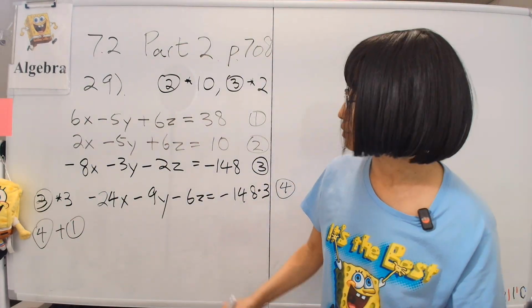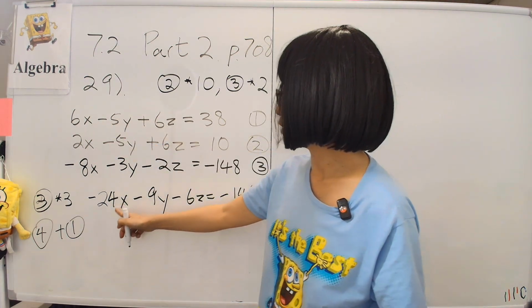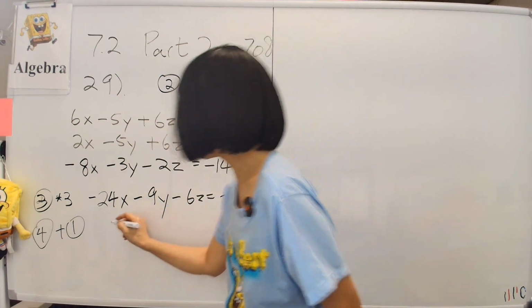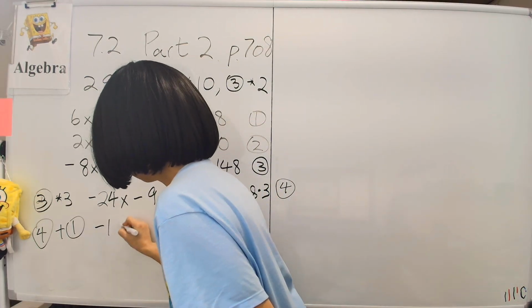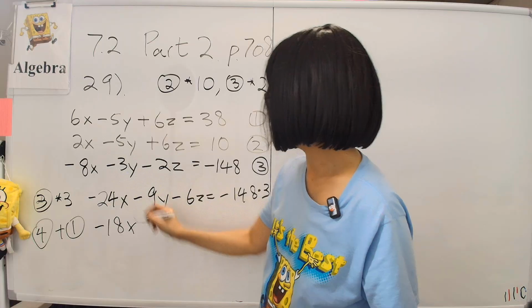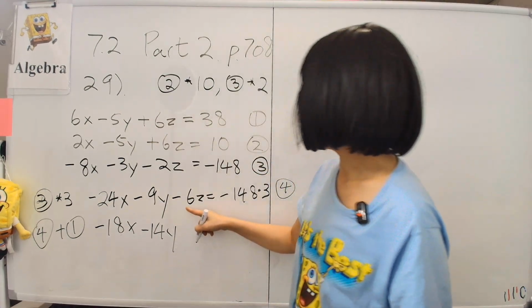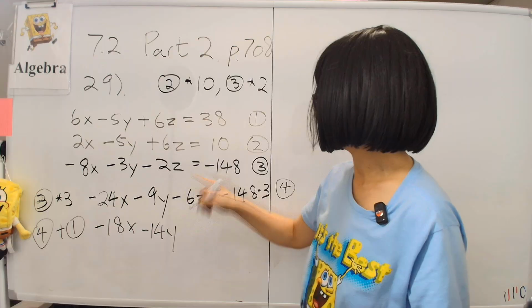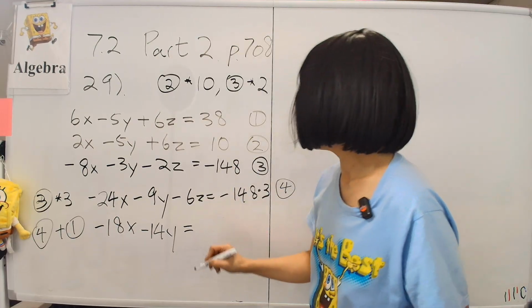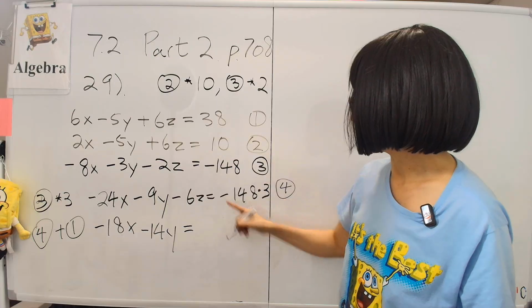Minus 24 plus 6 is minus 18x. Minus 9, and then minus 5 is minus 14y. And then minus 6 plus 6 is 0, that's good.